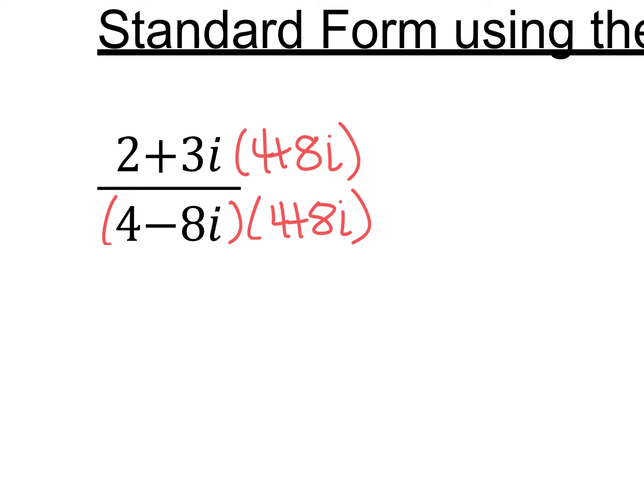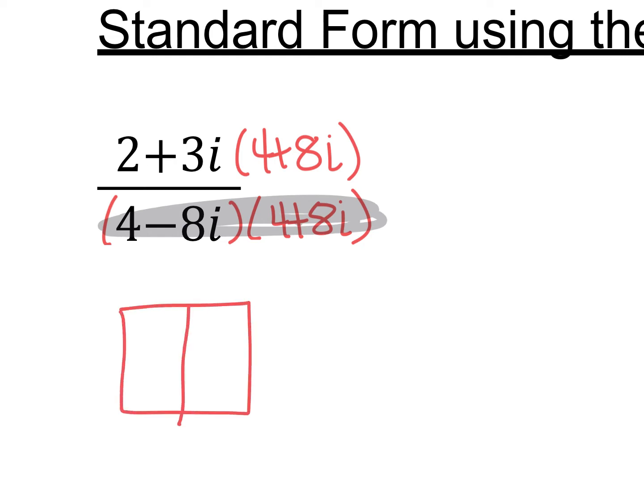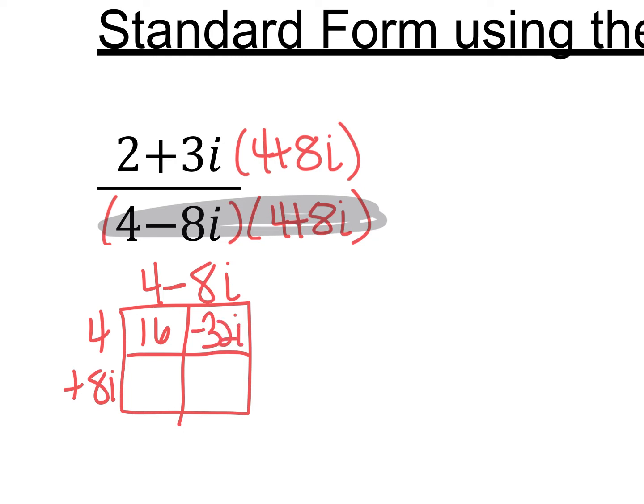So let's go ahead and look at what happens here. Here's our denominator. We're going to multiply that out: 4 minus 8i and 4 plus 8i. 4 times 4 is 16. 4 times -8i is -32i. 4 times +8i is +32i. So we can see those i's are going to cancel.